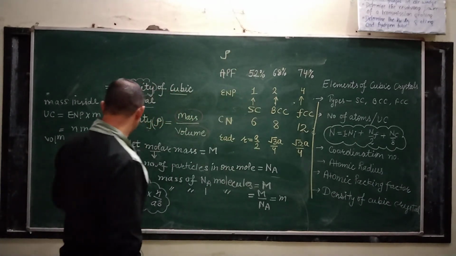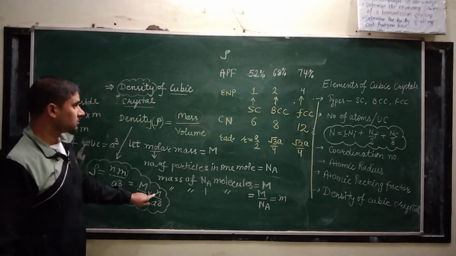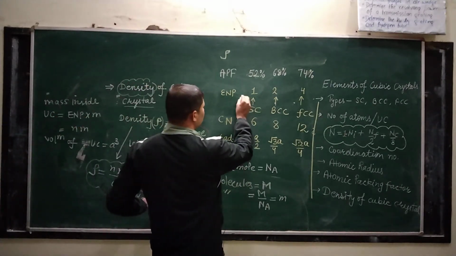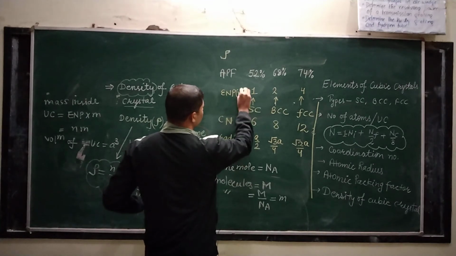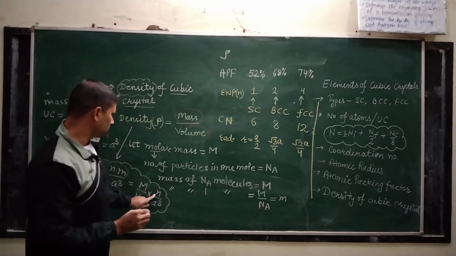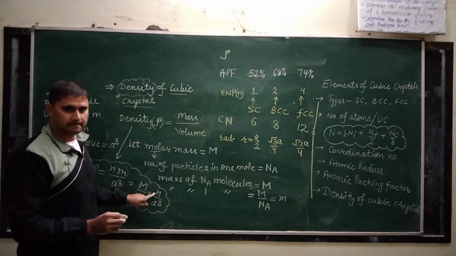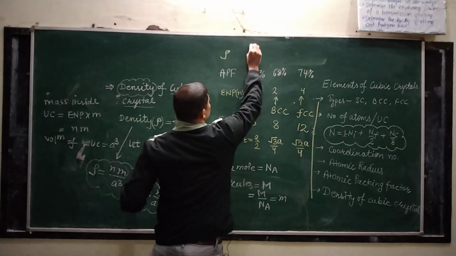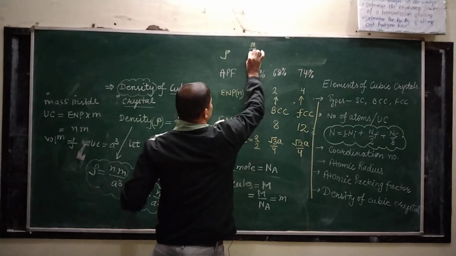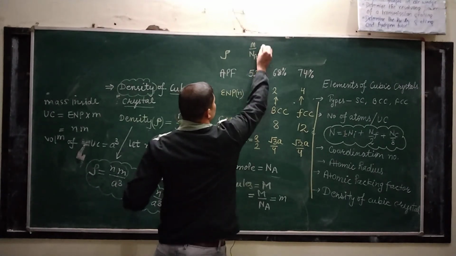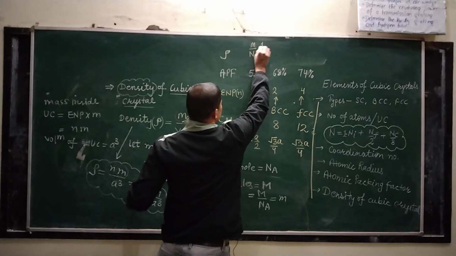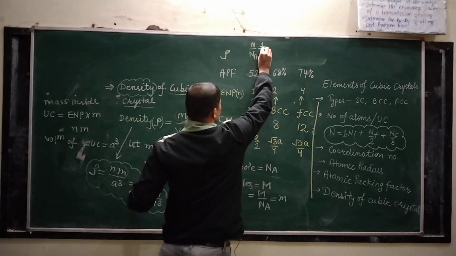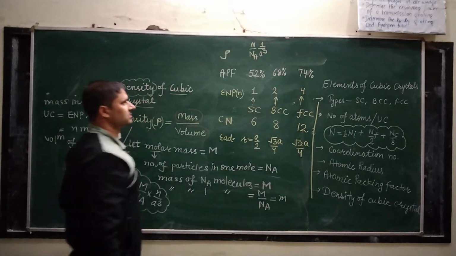For simple cubic, the effective number of particles, small n, is 1, so the density is M divided by Na into 1, divided by the volume A cube.